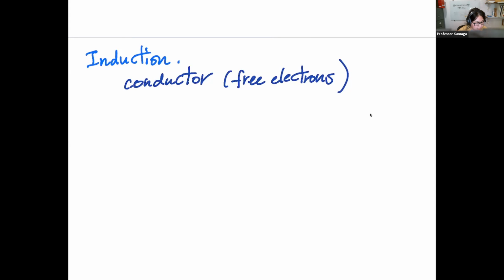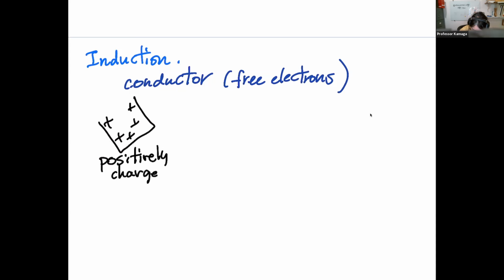So when you have a conductive material, let's say I bring this, it could be positive or negative, but let's say this is a positively charged rod that I'm going to bring nearby.